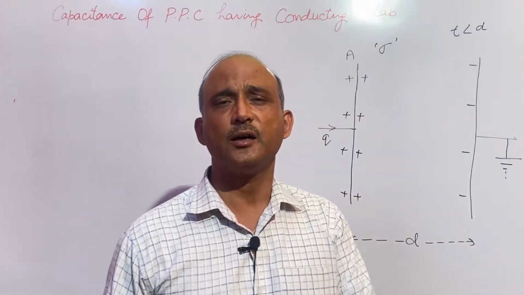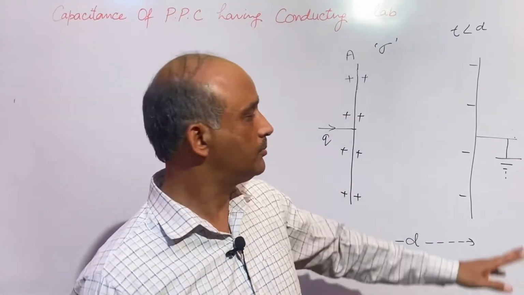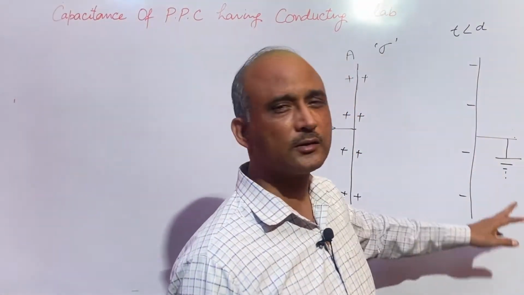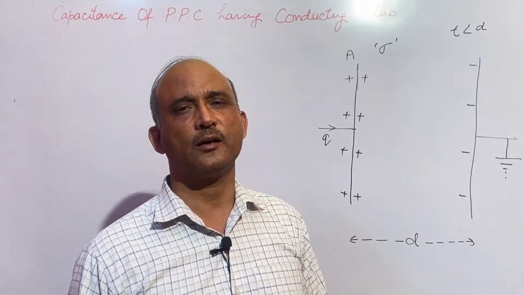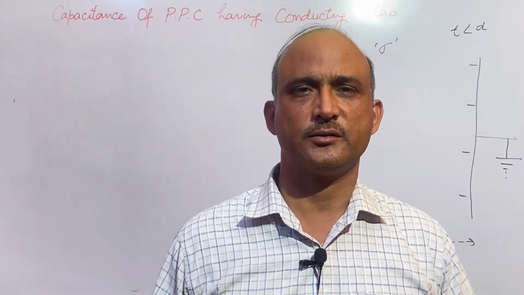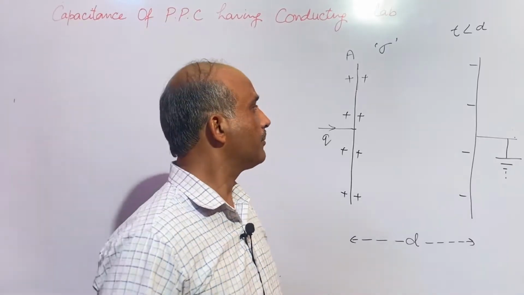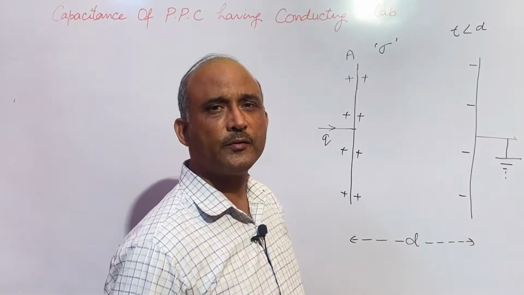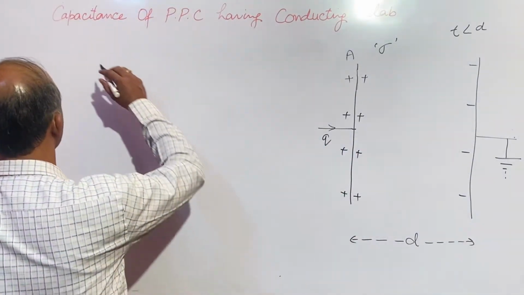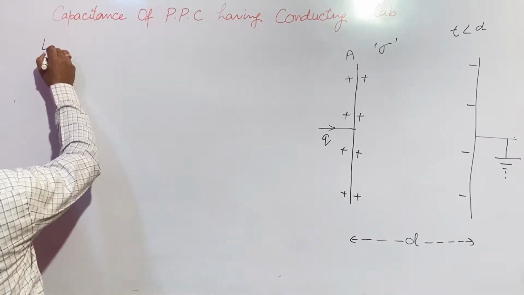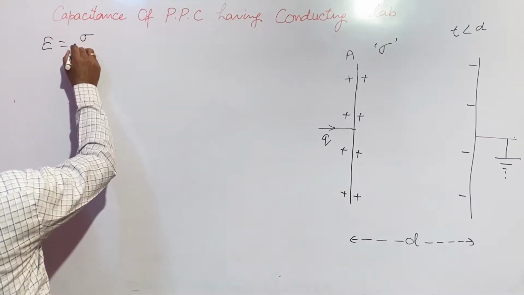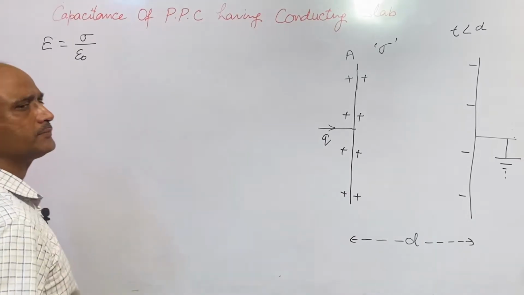When this plate is earthed, then the positive charge on this face will be neutralized by the electrons coming from the earth. Now, the electric field between the plates of the capacitor E is equal to sigma upon epsilon naught.